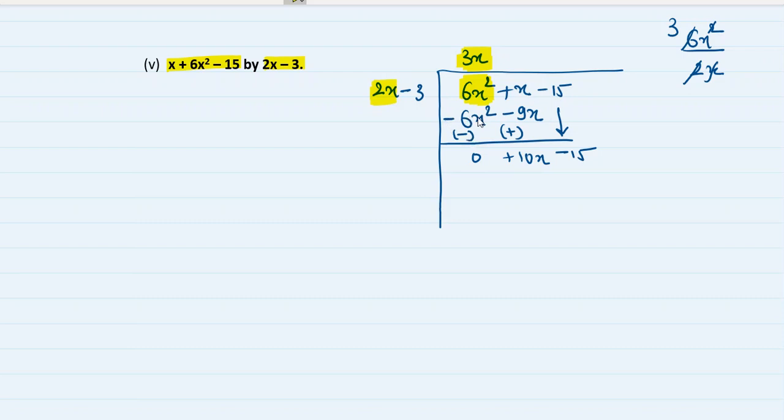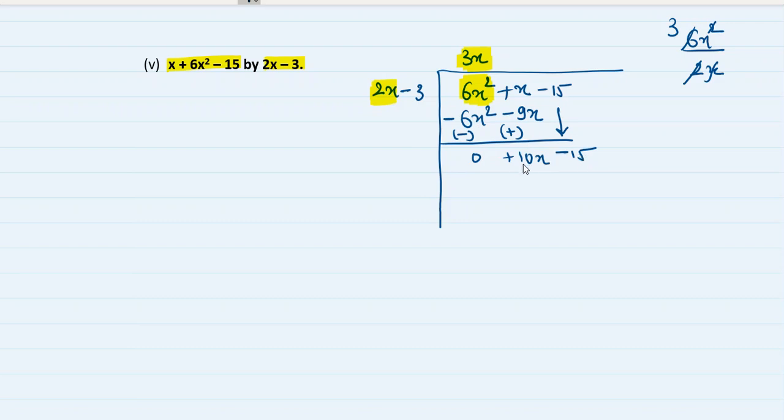So this 6x square was positive originally. Its sign changes into negative. This minus 9x was negative. Its sign changes into positive. So 6x square minus 6x square. Now you will look at the sign in the bracket. Okay, 6x square minus 6x square will be 0. Plus x plus 9x will be plus 10x, and minus 15 will be dropped down as it is. Okay, so we are left with plus 10x minus 15.